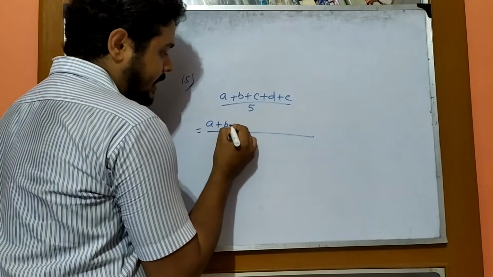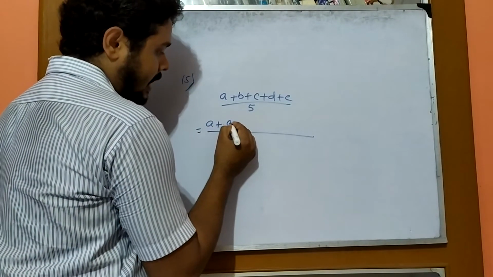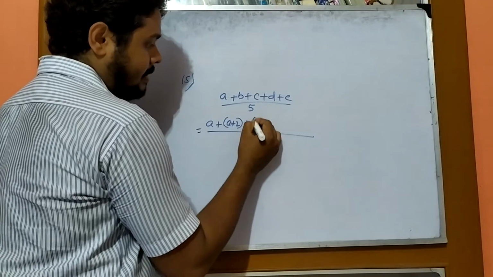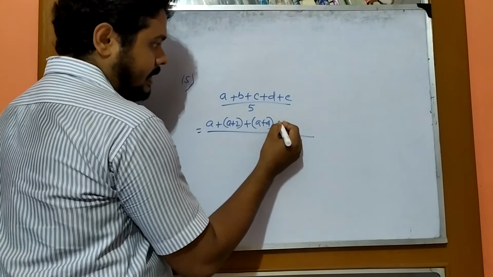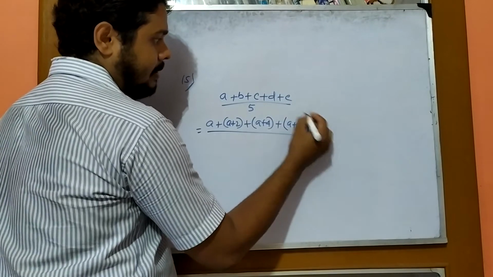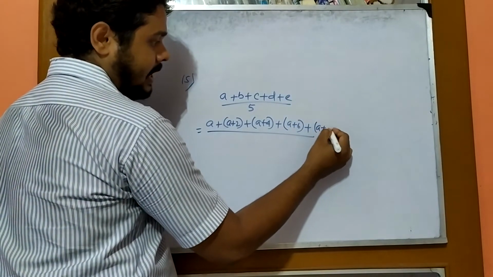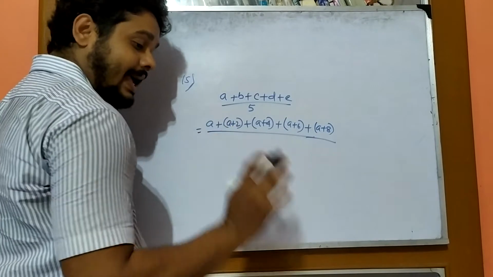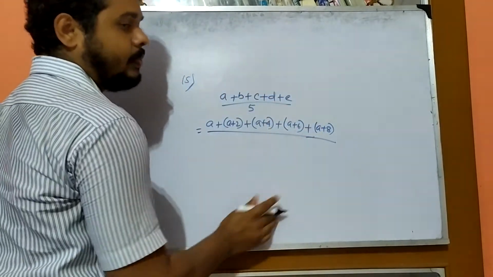Then obviously B is A plus 2, C is A plus 4, D is A plus 6, and E is A plus 8, because according to the question they are consecutive odd numbers.